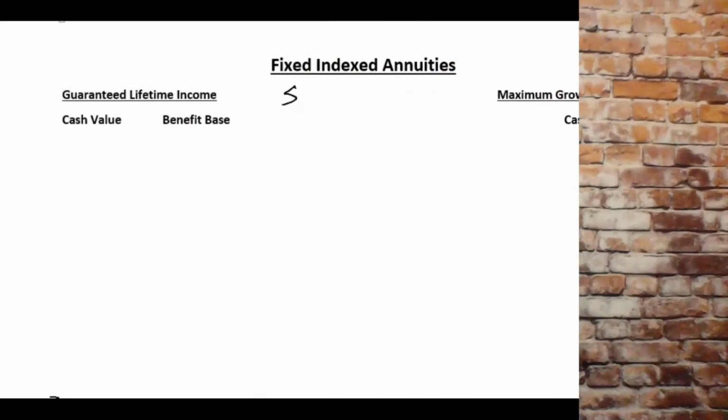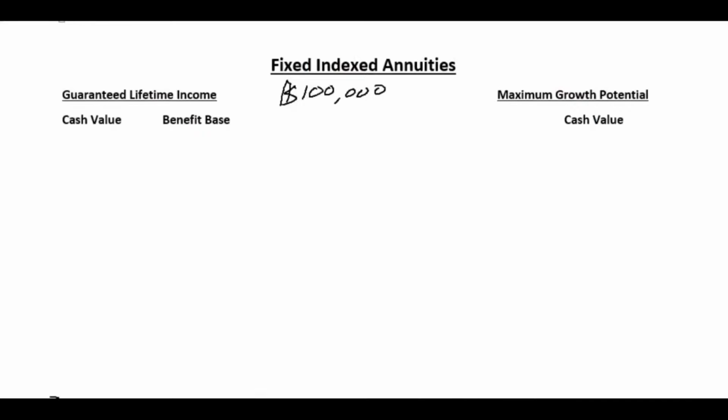So let's look at an example using $100,000 and a 60-year-old person. Now, if you decide to purchase a guaranteed lifetime income annuity, you are buying a lifetime income stream. So you are going to be with that company for the rest of your life.